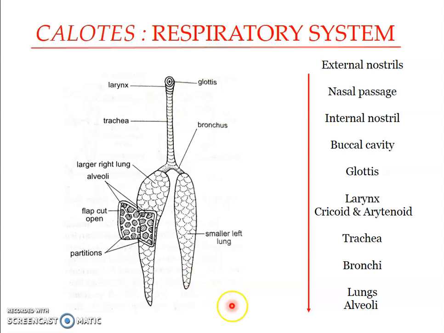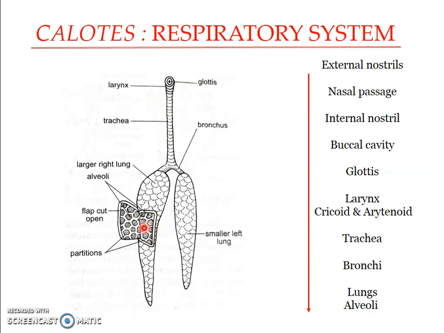the whole path. So from the external nostrils till the lungs, the air moves inside because the pressure inside the lungs decreases. There is an inflow of air. Now, once it reaches the lung, the walls of the alveoli are provided with a huge amount of blood capillaries.